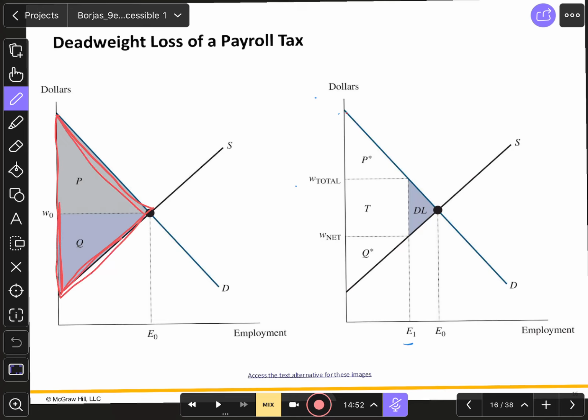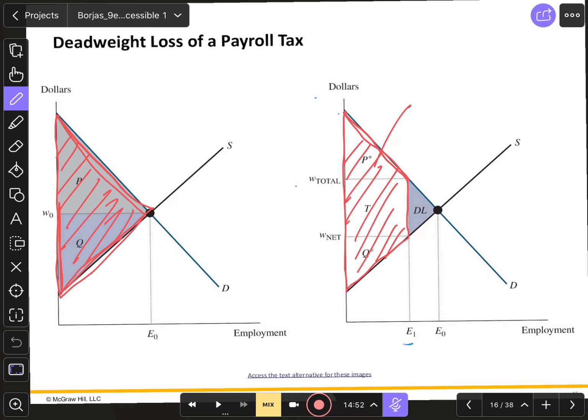Here, it's not a triangle anymore because it's losing the peak part, the top part. So this is a surplus including everything: producer, worker, and the government. Here we don't have the government yet, so producer and worker. But this part is lost, and that's why we call it the deadweight loss. All right, so I'm going to stop here and continue in the next video.